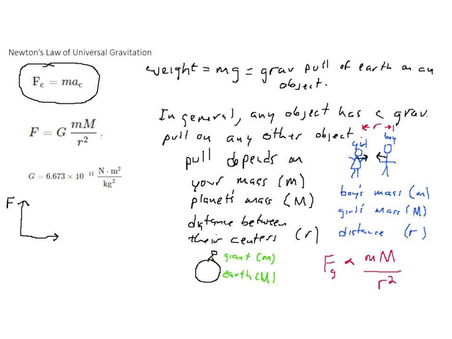And if we could graph F versus little m, big M over R squared, turns out that would be a straight line, and the slope of that line would equal this letter G here, this 6.67 times 10 to the minus 11th newtons meter squared per kilogram squared.